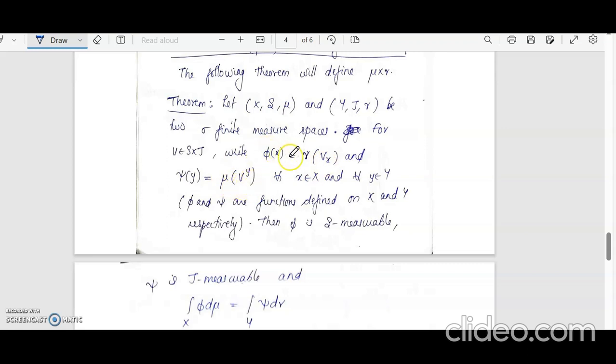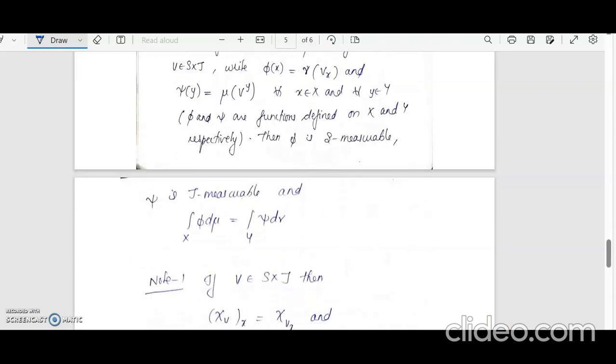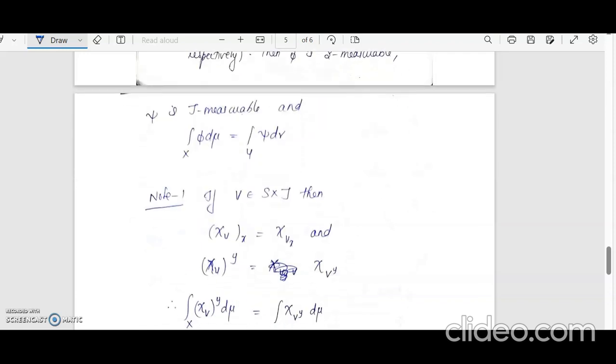The theorem states that if you have two functions defined in this manner, then phi will be an S measurable function and psi is J measurable, and the integral of phi d mu will be equal to the integral of psi dr. Using this result we will define what the product measure is, and also the result that for characteristic functions we can interchange the order of integration.